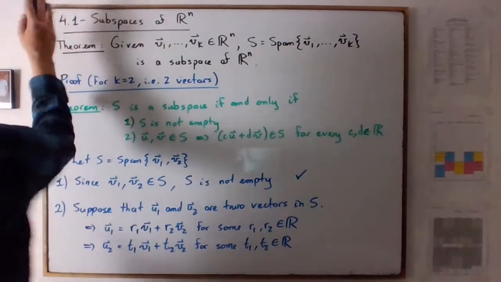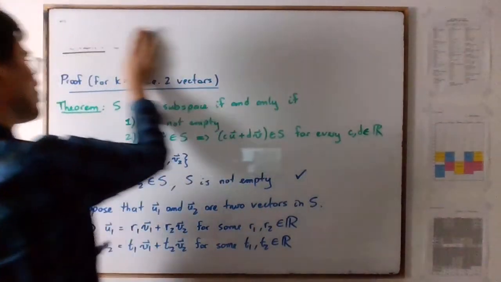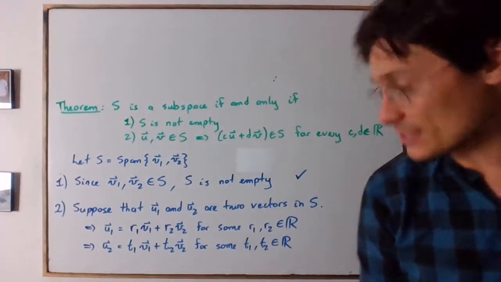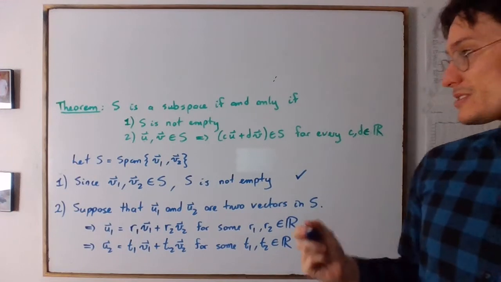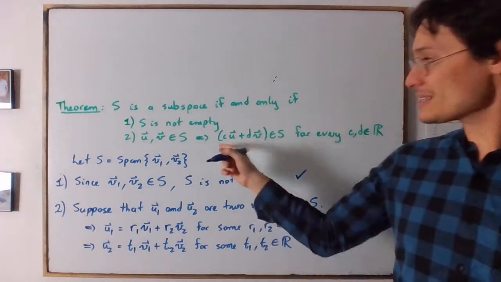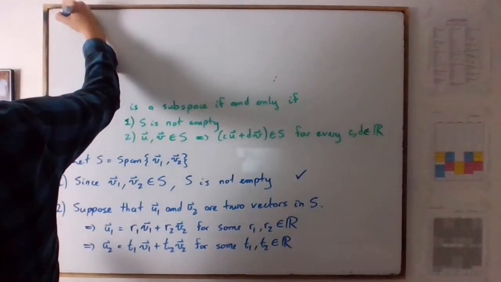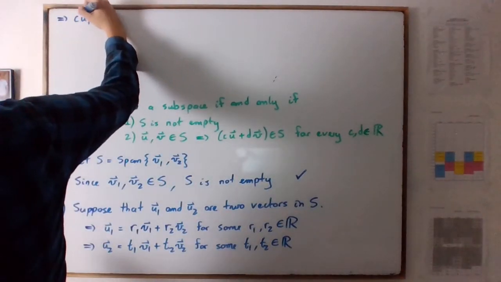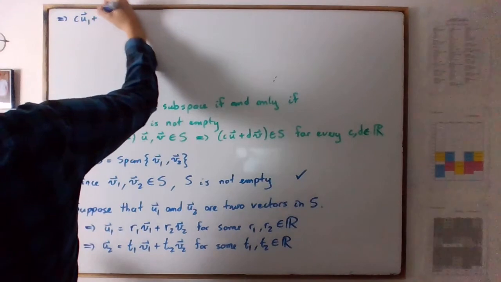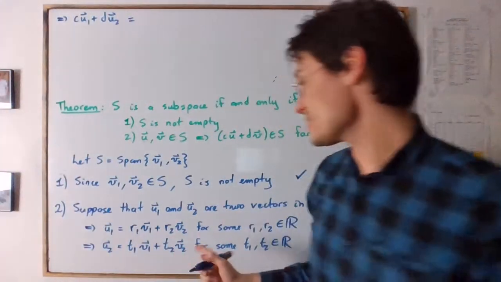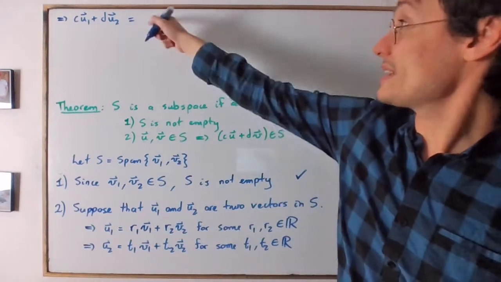I'll erase this now. I'll try to keep the theorem, but I might have to erase it, unfortunately. Let's now write CU1 plus DU2, and replace these in here.